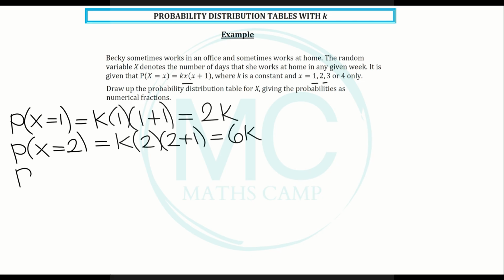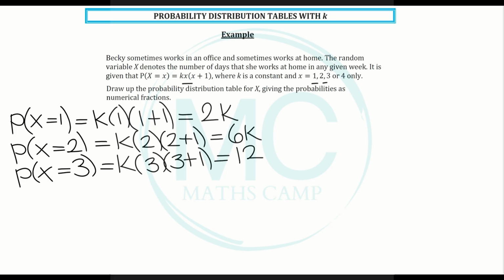Let's find the probability when x is 3. X equals 3 is equal to k multiplied by 3 multiplied by 3 plus 1. 3 plus 1 is 4, multiplied by 3 gives me 12, it becomes 12k.